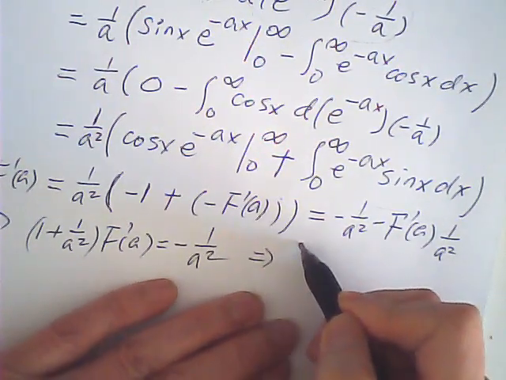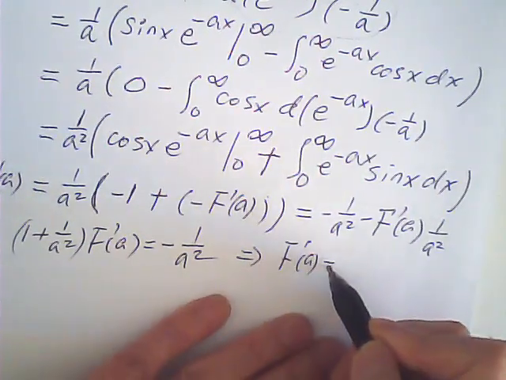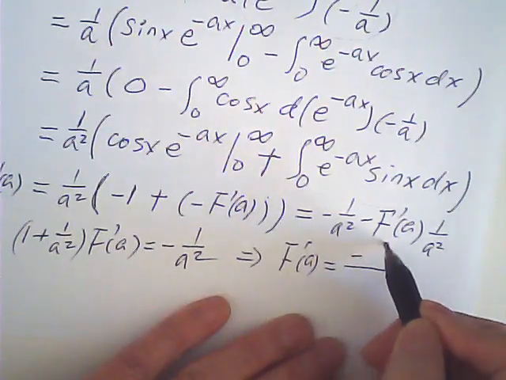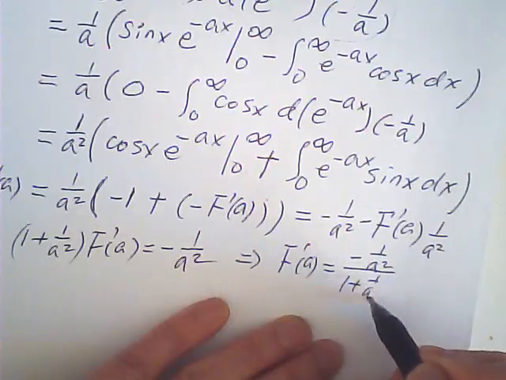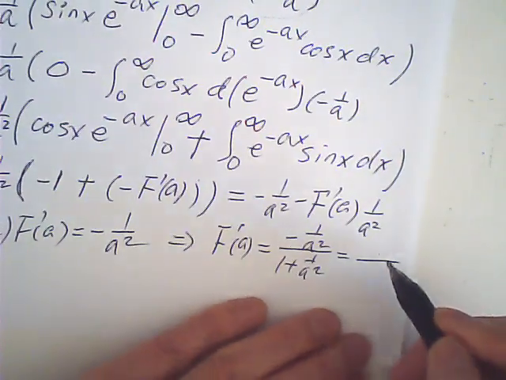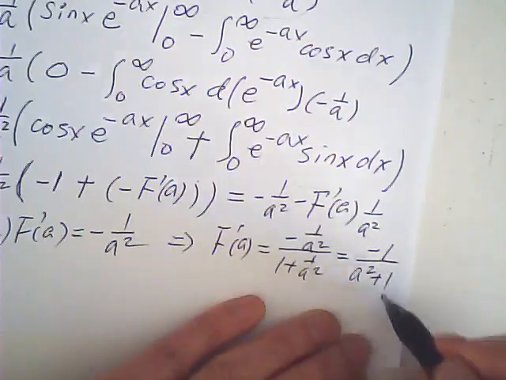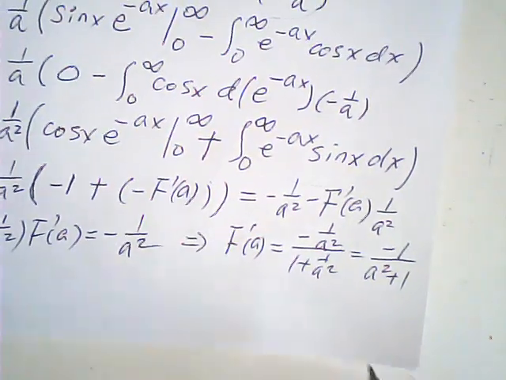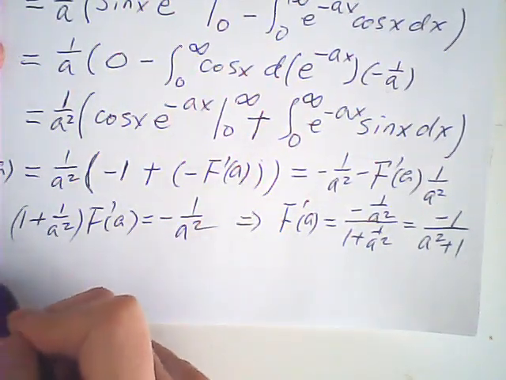Therefore, my f prime of a is equal to negative 1 over a squared times 1 plus a squared, so this one is equal to negative 1 over a squared plus 1, right? Good.